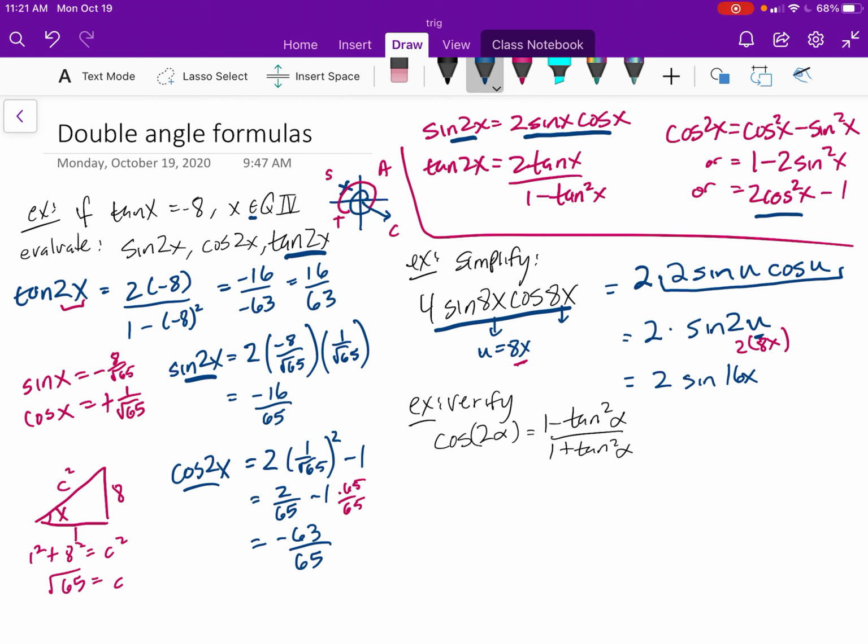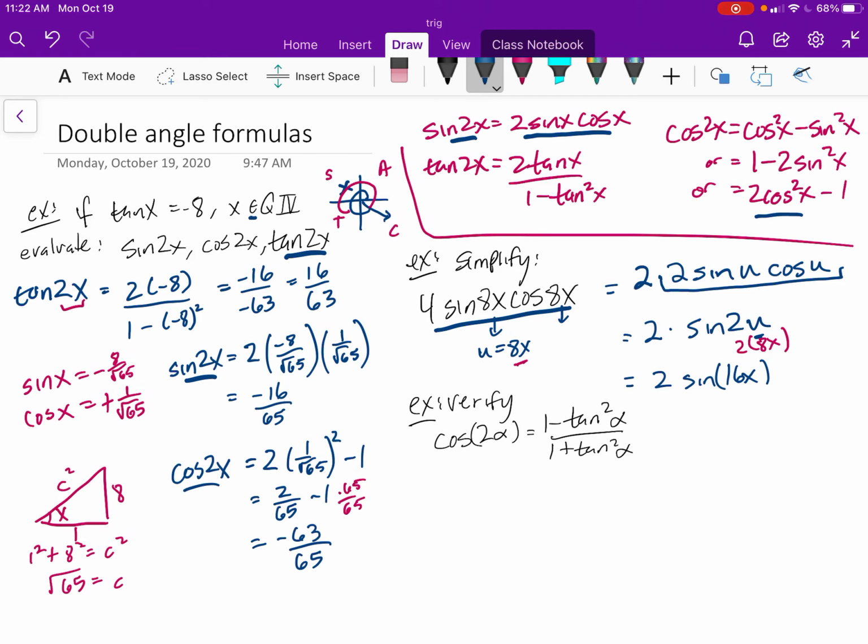Often I don't do parentheses there because I know that sine 16x, all sine of all of that, but really that is what we're taking the sine of. All right. So I can change 4 sine 8x cosine 8x into 2 sine 16x. Those are identities. I simplified that. I would have to admit it does look a bit cleaner, right? It's sine of one angle rather than sine and cosine.